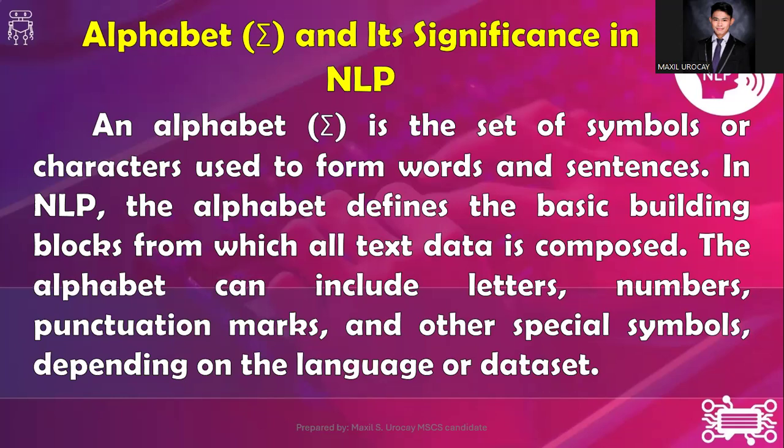We are also able to use this in representing a DFA. For example, we have Q0 directed to Q1. The alphabet we can use, for example, is A, or zero, whatever. That is actually the purpose of the alphabet. Here in NLP, for example, you have Q0 to Q1 on A, then Q2, and then Q3 will be our final state.